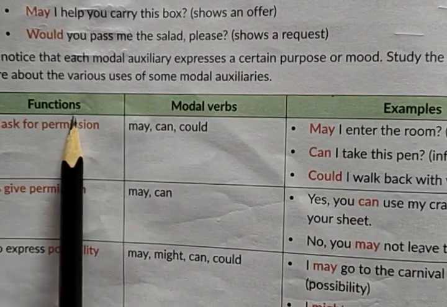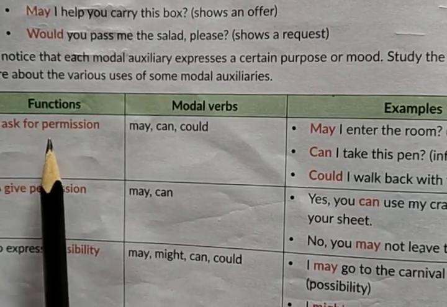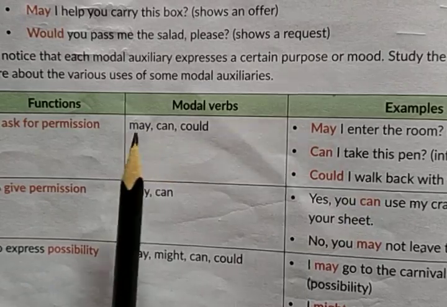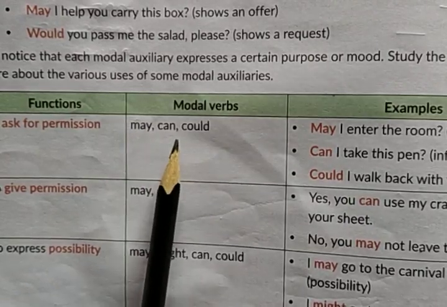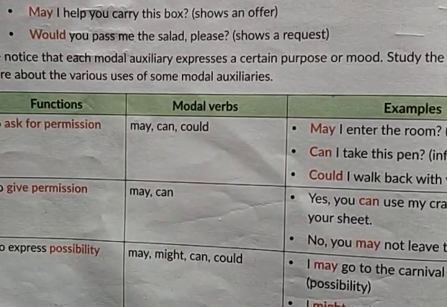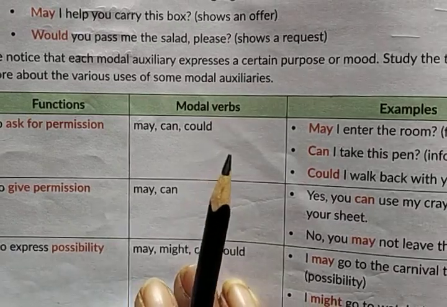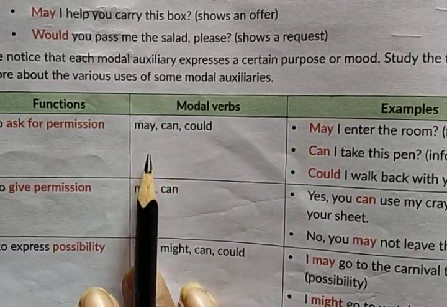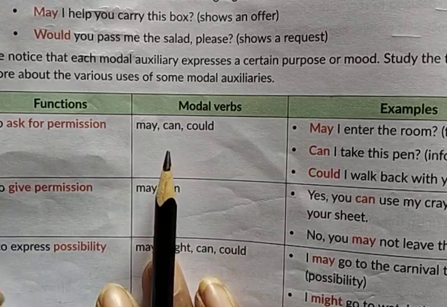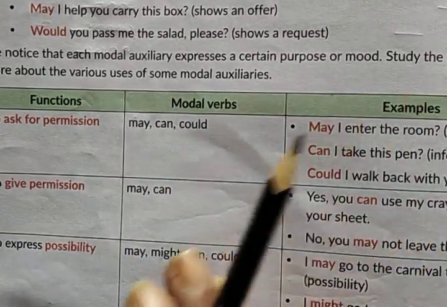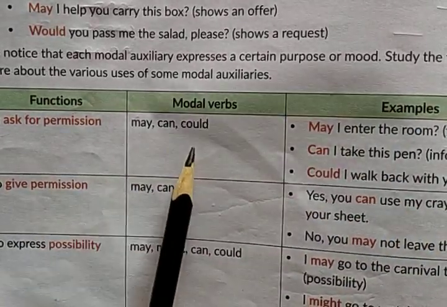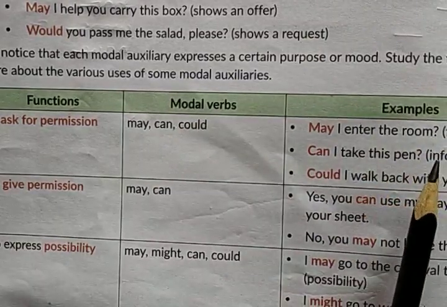So see the function. To ask for permission, we can use modal verbs like may, can, and could. Could is polite, may is formal, can is informal. When you want to ask for permission, you can use these modals. May I enter the room?